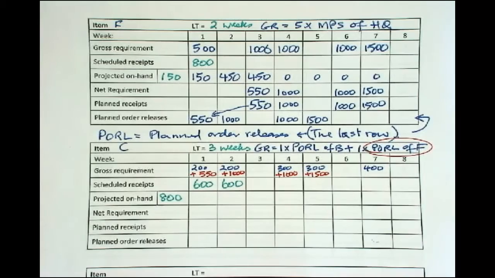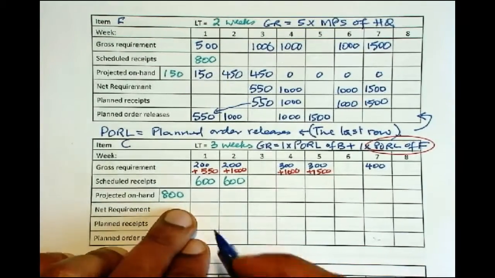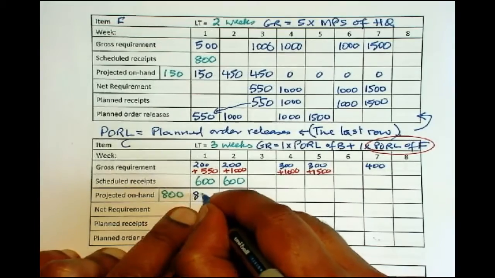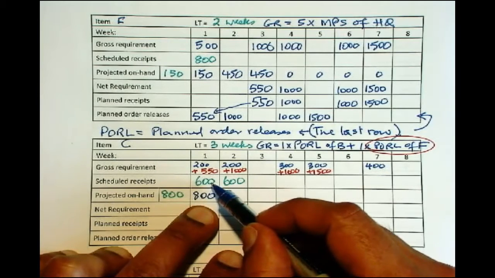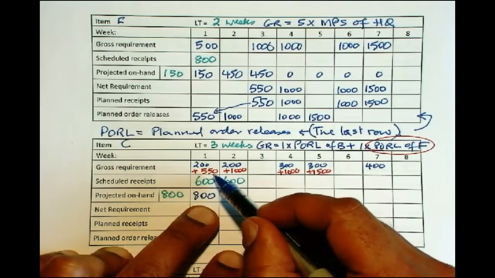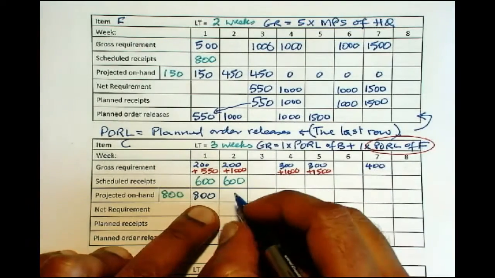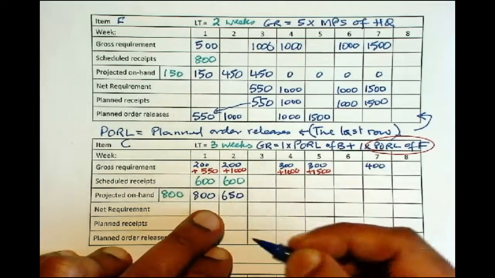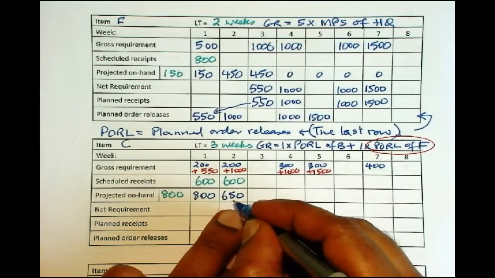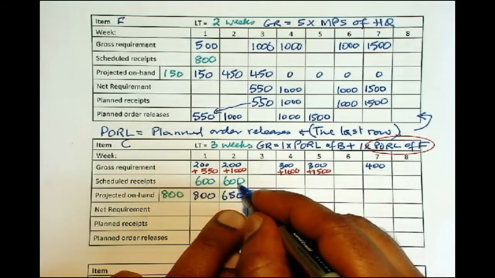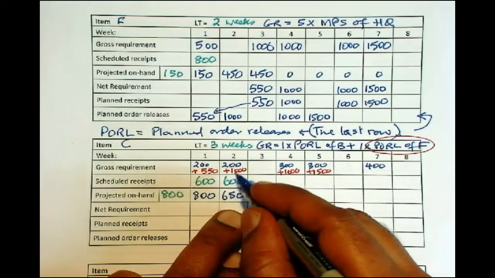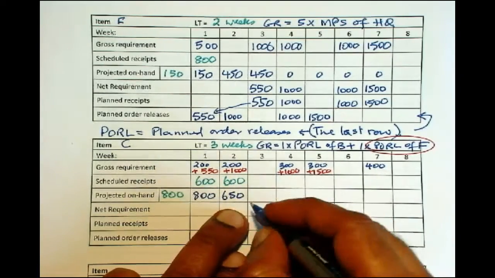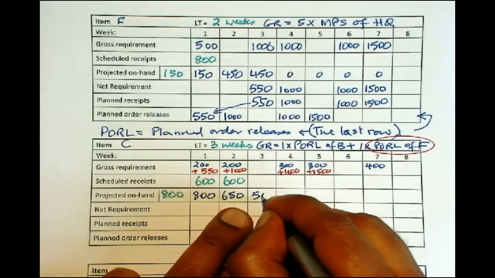Now we'll do the computations. So 800 is what we start out with. 800 plus 600 is 1400 minus 750, so that will give us 650. So 650 is available at the beginning of week 2. 600 is going to come in, so that will be 1250 available. 1200 is the gross requirement, so we are left with 50.